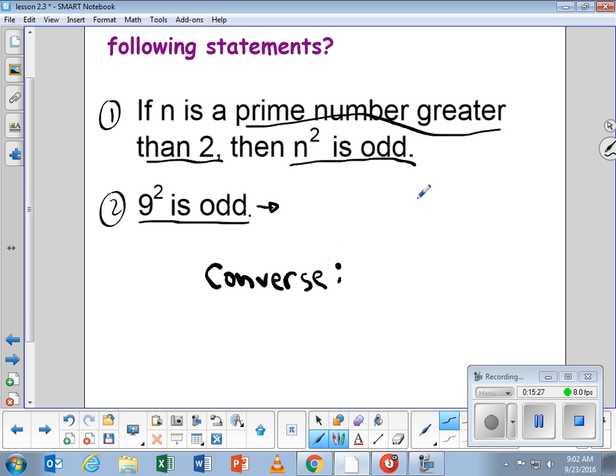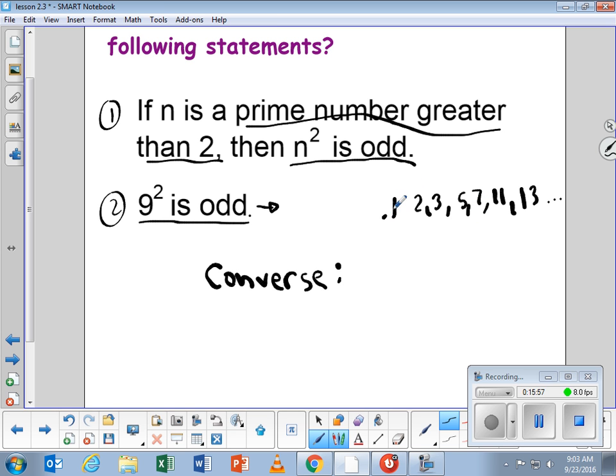Okay, remember prime numbers are 2, 3, 5, 7, 11, 13, and so on. Remember, the definition of a prime number is that it has exactly 2 factors. So the factors of 2 are 1 and 2. The factors of 3 are 1 and 3. The factors of 5 are 1 and 5.